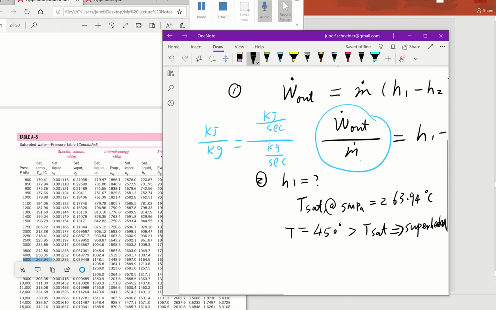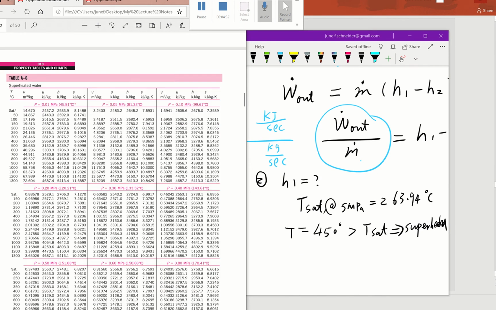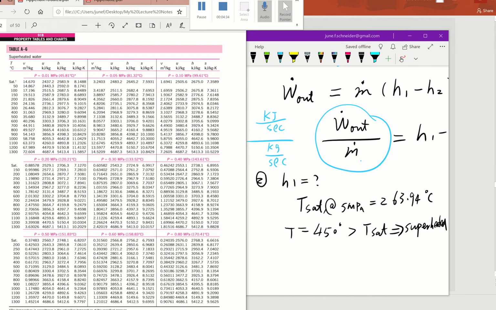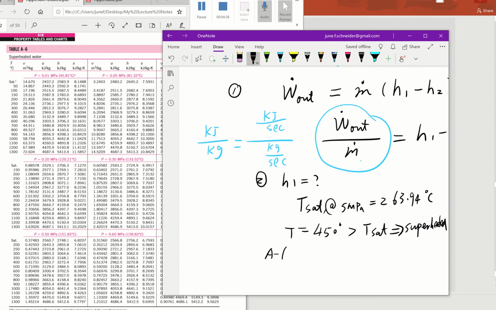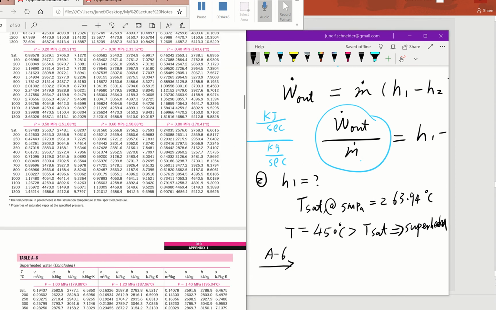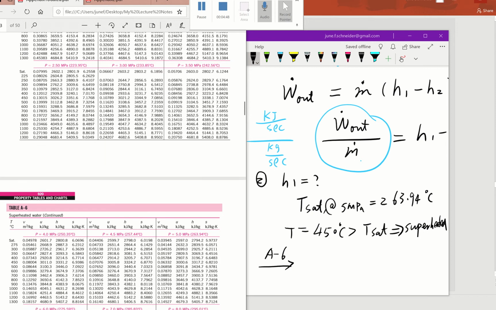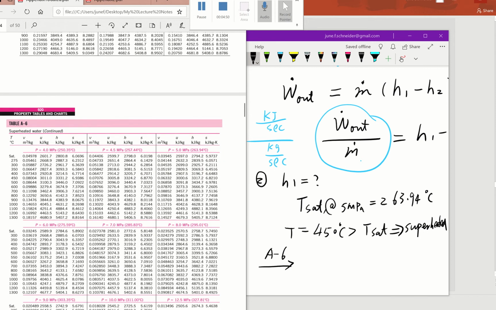If it's superheated, we go to the correct table, so let's look at table A6. In table A6, we look for pressure at 5 megapascal and temperature 450.